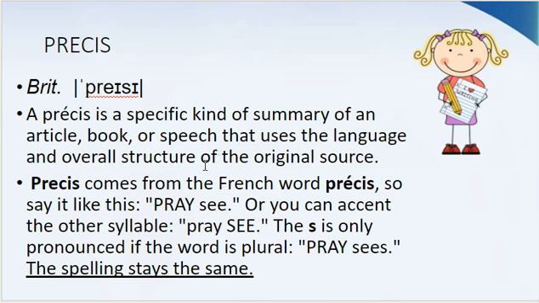The last letter S is pronounced only if the word is plural. I have given the pronunciation, not the spelling. The correct spelling is Precis, but the last S is silent in singular, and in plural it is pronounced.